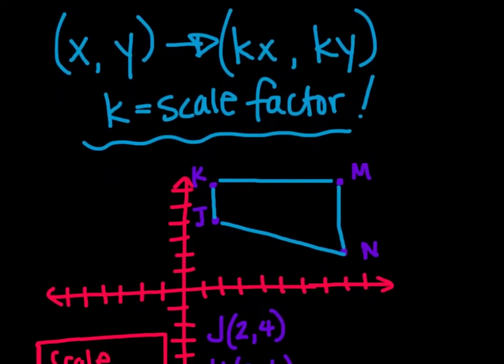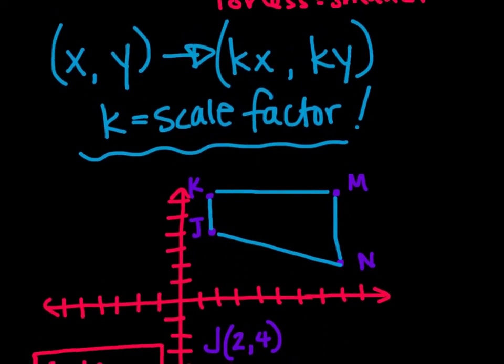So we are playing around with the concept of scale factor, and one thing that we need to pay attention to is if we're looking at an original point, xy, and we need to put some dilation to it, a dilation is represented with a k.